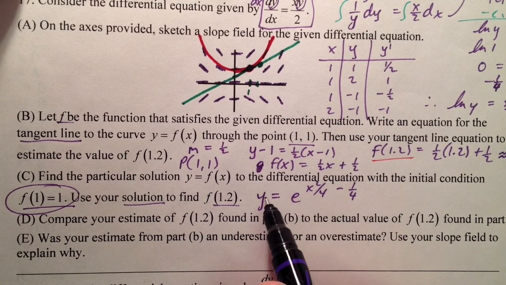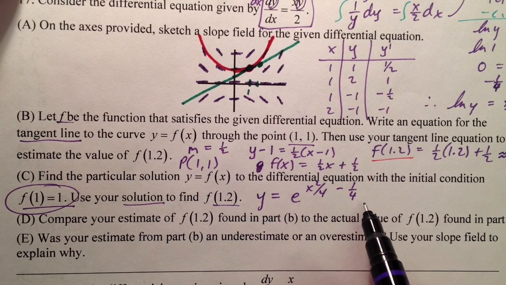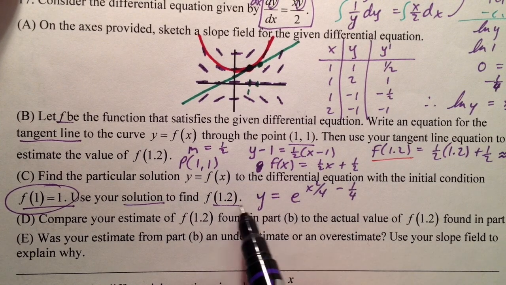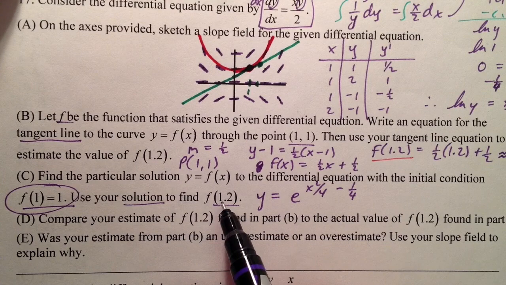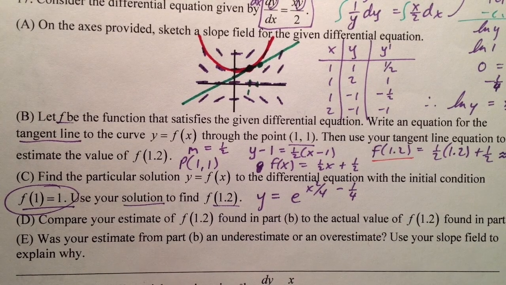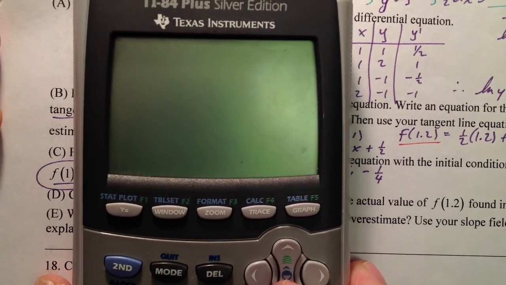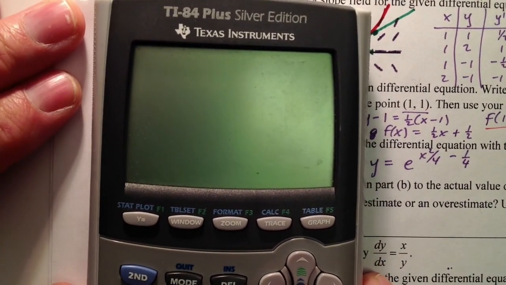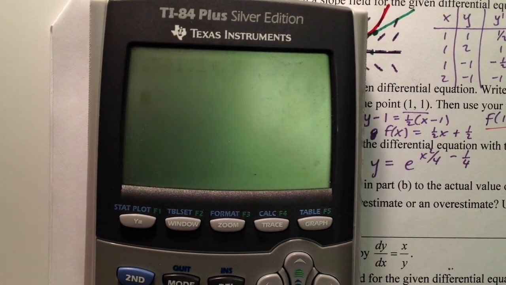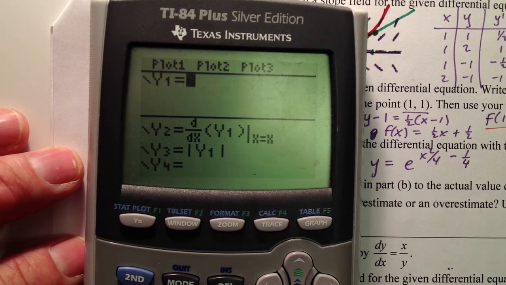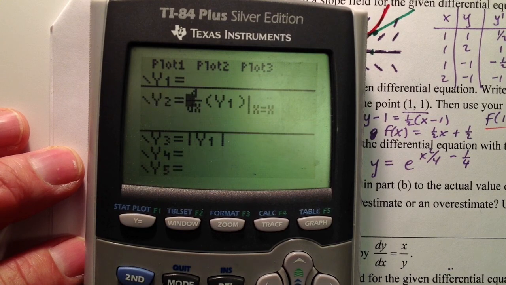This is our actual particular solution to the differential equation, and we're going to use it to find the actual value of f of 1.2. And my calculator is going to get that out, and let's see if I can show the equation on the right. And then what we're going to do is a little technique that I like to use, and so I'm going to use it now.